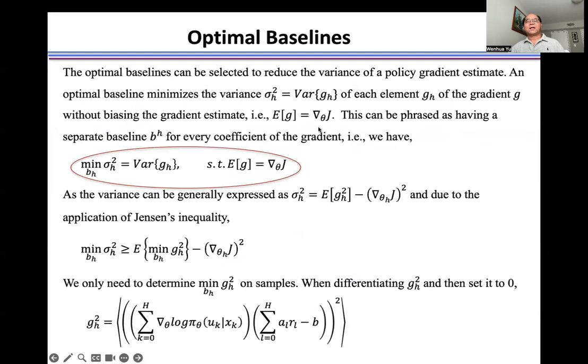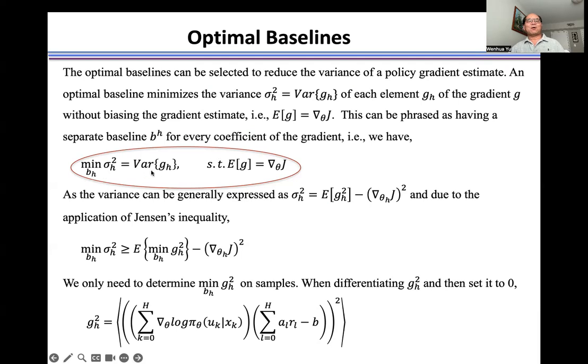To do so, suppose for each example the variance is defined as sigma. To reduce the variance for each example, we should make sure the original gradient of the objective function and its expectation formulation are the same.